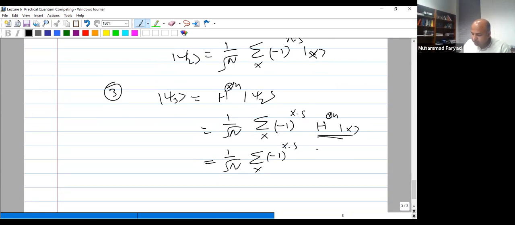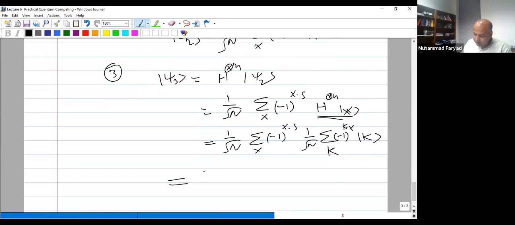So this is nothing but 1 over square root of N, sum over k from 0 to N, and minus 1 to the power k·x, because this input state is now x, so it will be k·x. This is not 0, so I will need to keep this k·x in |k⟩. So we sum over all k combinations, but their sign will be decided by minus 1 to the power k·x.